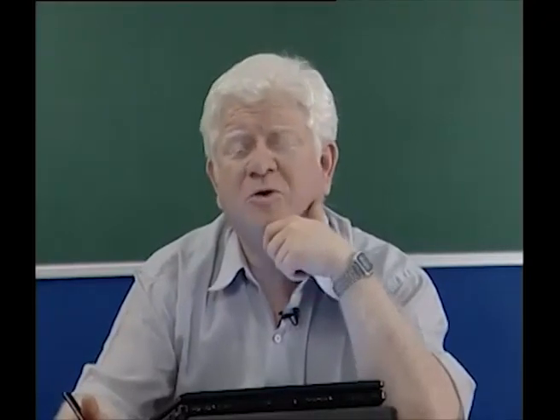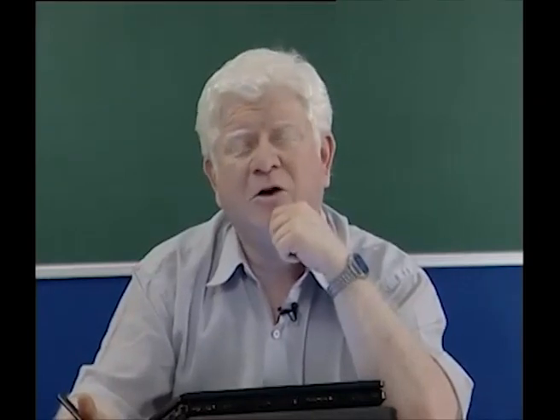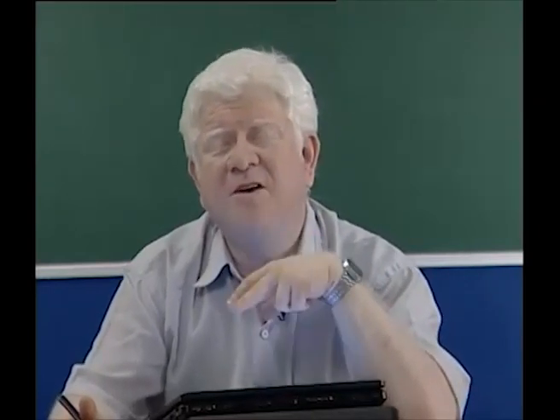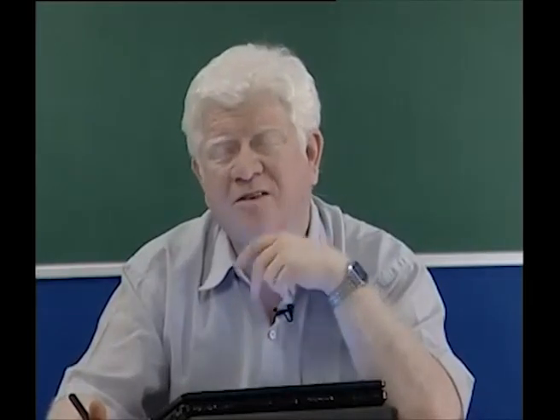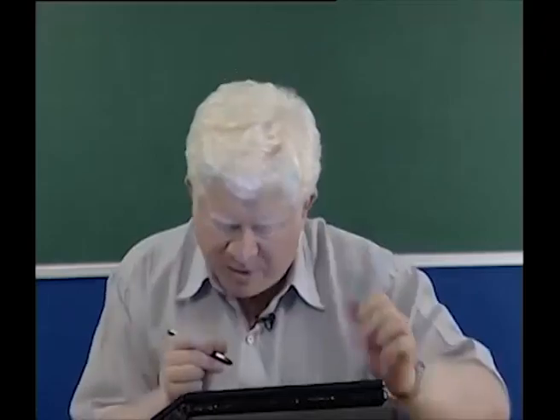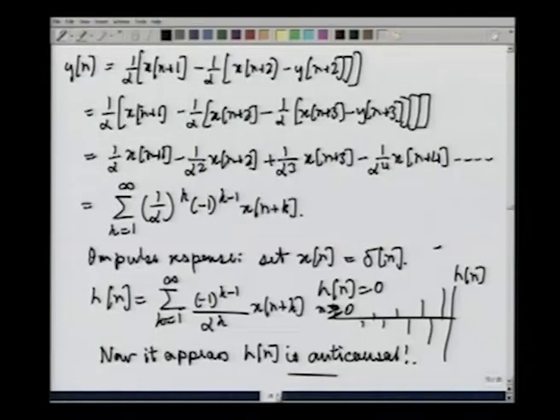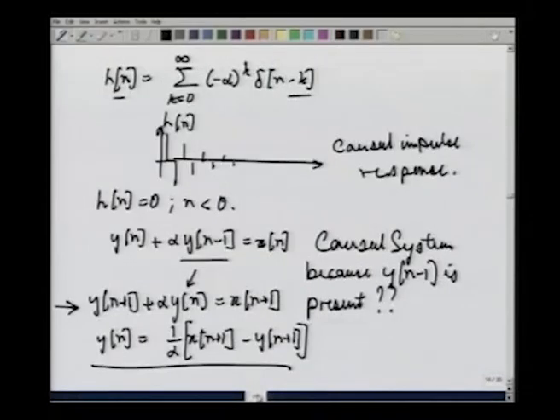Now, one way to approach this problem would be to go along the lines that we followed when we tried to find the impulse response of a first order system described by an equation such as this. That was there in some previous slide a little while ago. Let us just take a look. Yes, here is an example. There must be more examples if we go further back.